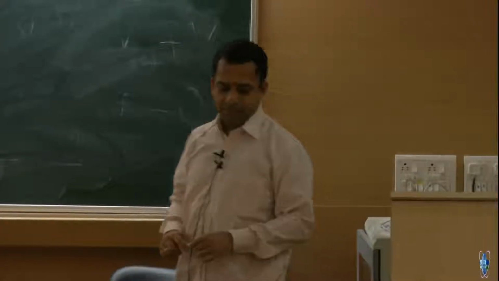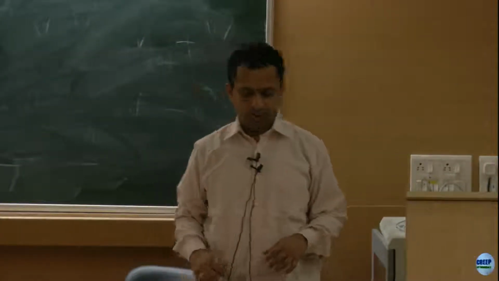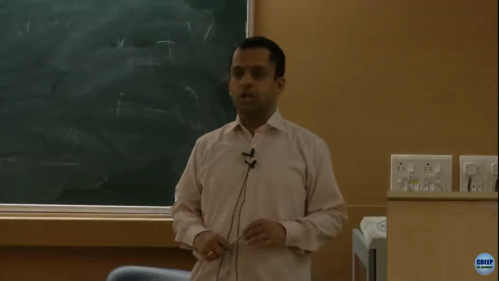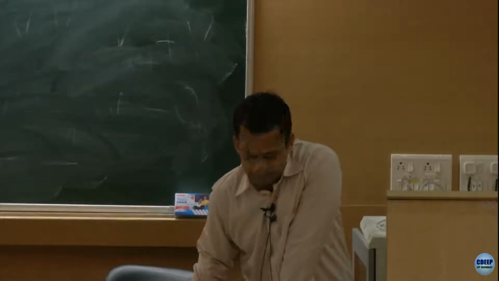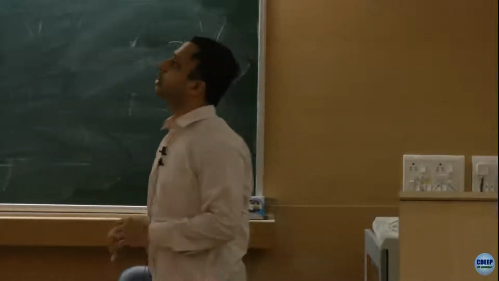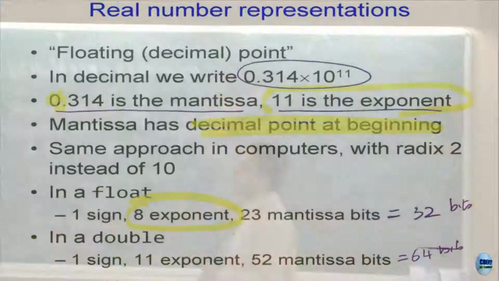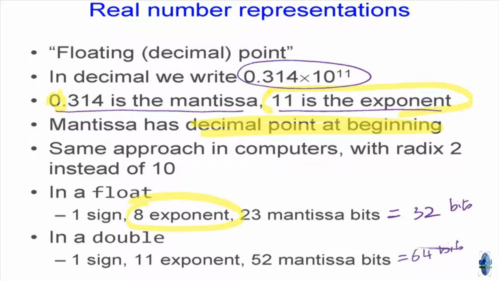Now real numbers are represented using float and double, double precision. We'll see this next. So real representations. Now how do you represent something like 0.314 into 10 raised to 11? Let's say this is what we want to represent.